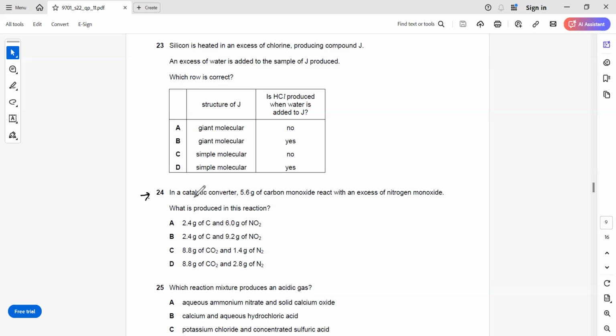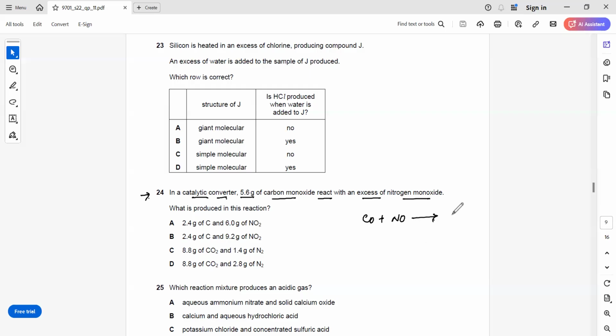They are saying in a catalytic converter, 5.6 gram of carbon monoxide reacts with an excess of nitrogen monoxide. So what is the role of a catalytic converter? Actually, it converts the harmful gases into less harmful gases, right? So this carbon monoxide and nitrogen monoxide are converted into less harmful gases.